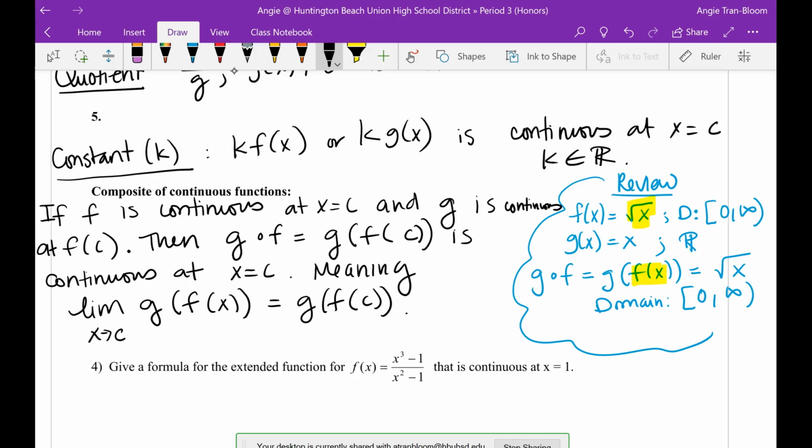So the limit at c is just the same as g of f of c. And that's concluding our day.